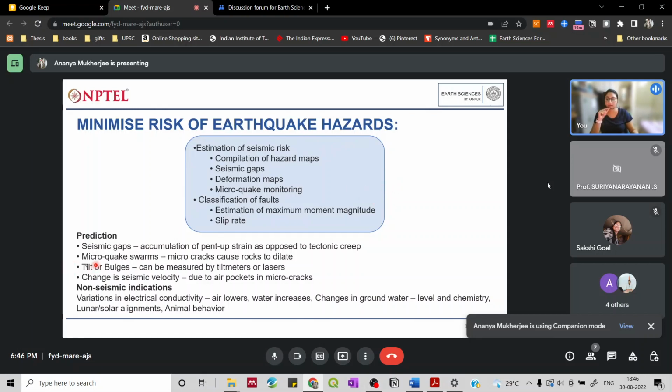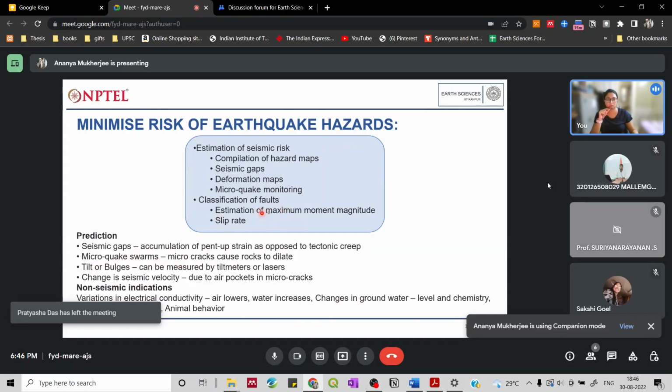Then the microquake swarms, micro cracks that are forming due to the earthquake events that are taking place. Then you have change in seismic velocity due to the micro cracks that are forming. Suppose there is a different kind of deposition that is happening. Then you have some non-seismic indications. Sometimes we have heard the animals start behaving differently.